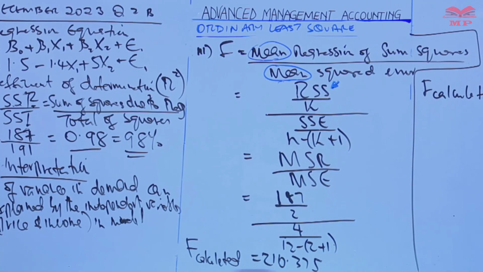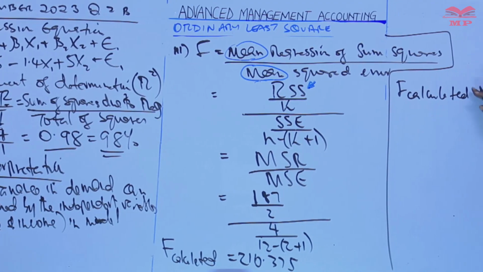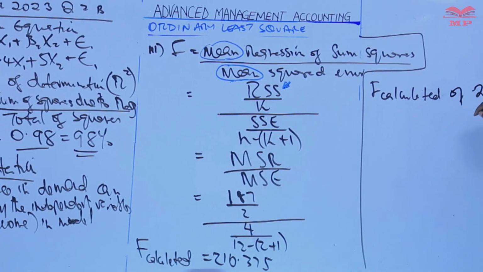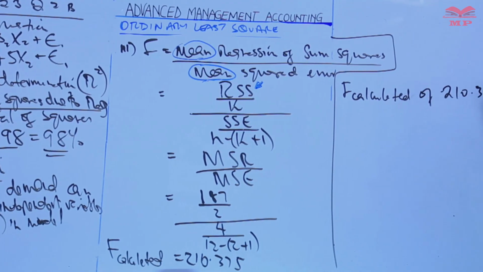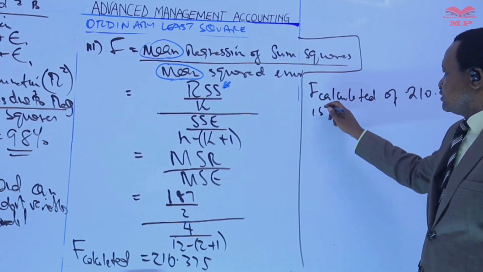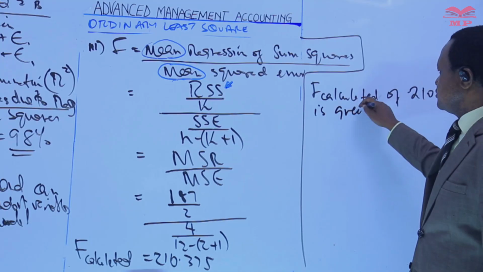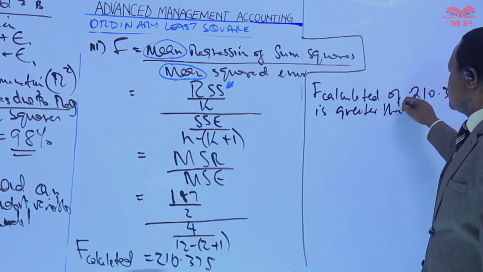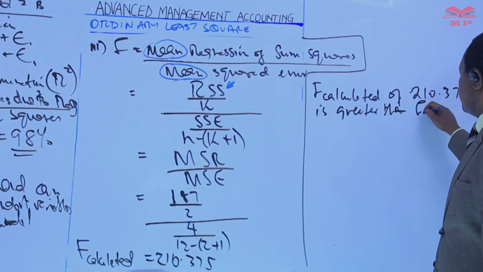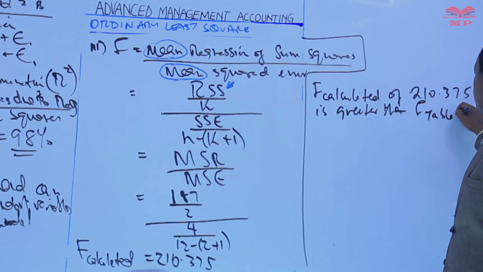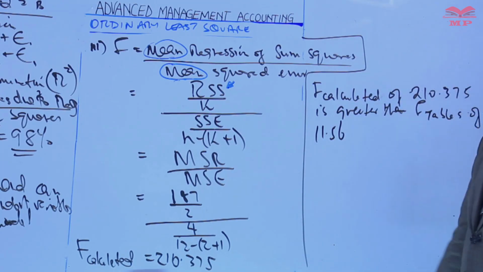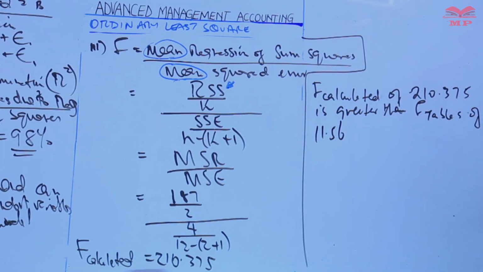The F calculated of 210.375 is greater than the F table of 11.56. What does that mean?